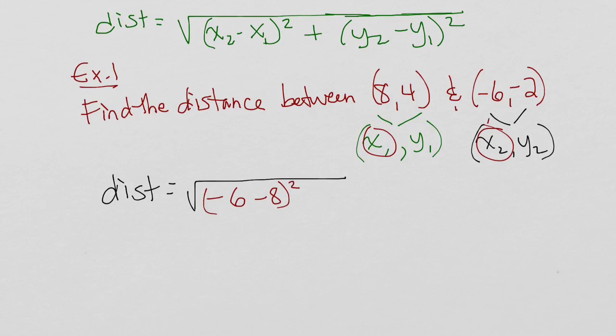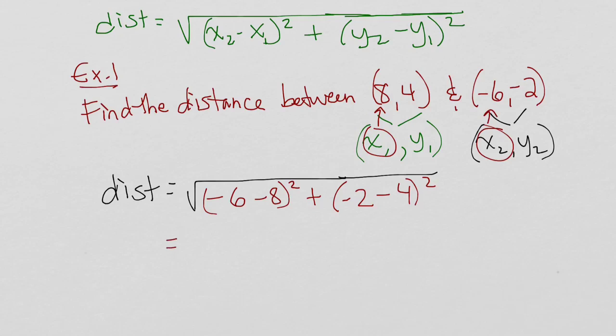All I did was I plugged in negative 6 for x2 and 8 for x1, plus, let's extend this square root a little bit, plus y2 minus y1. So it's negative 2 minus 4, that quantity squared. All I did was plug in the values. I could have called either point x1, y1 and the other one x2, y2. I just chose to do it that way.